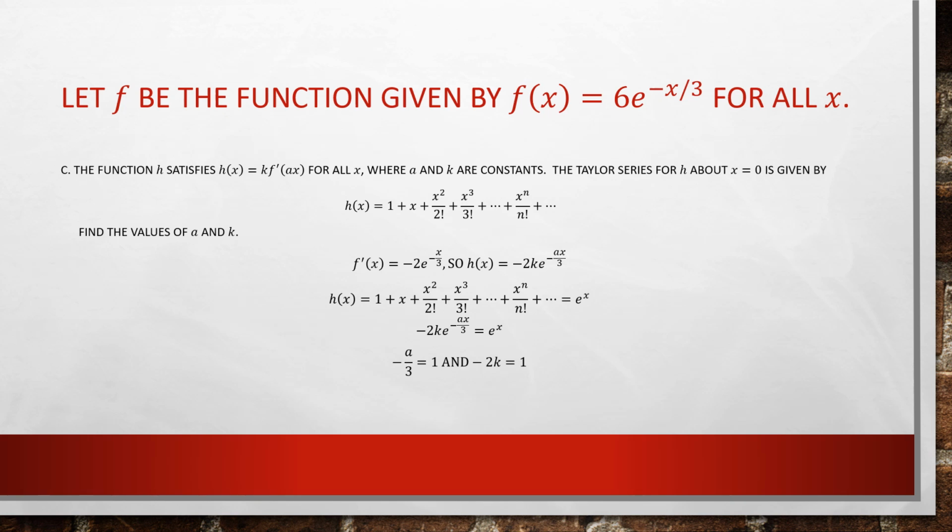I also noticed that the coefficient on the left side, the negative 2k, had to equal the coefficient on the right side. So negative 2k equals 1. Solving for a and k, I get a equals negative 3 and k equals negative a half. All right, so I'm getting a point for computing k f prime of ax, recognizing that h was equal to e to the x, and finding the actual values for a and for k.